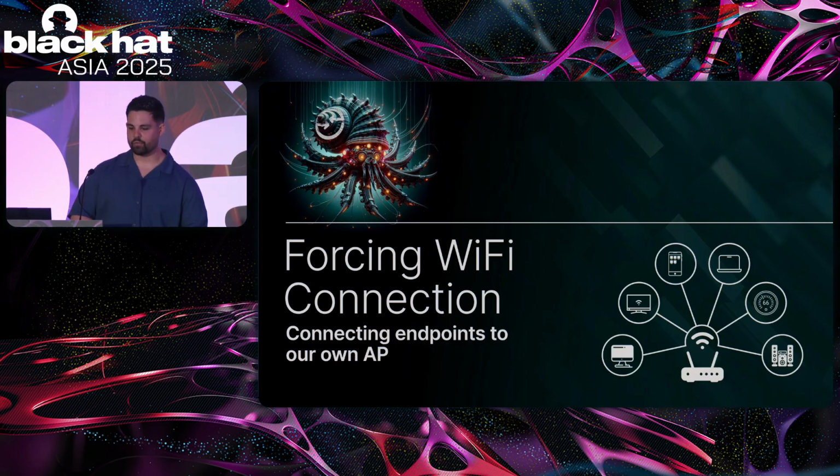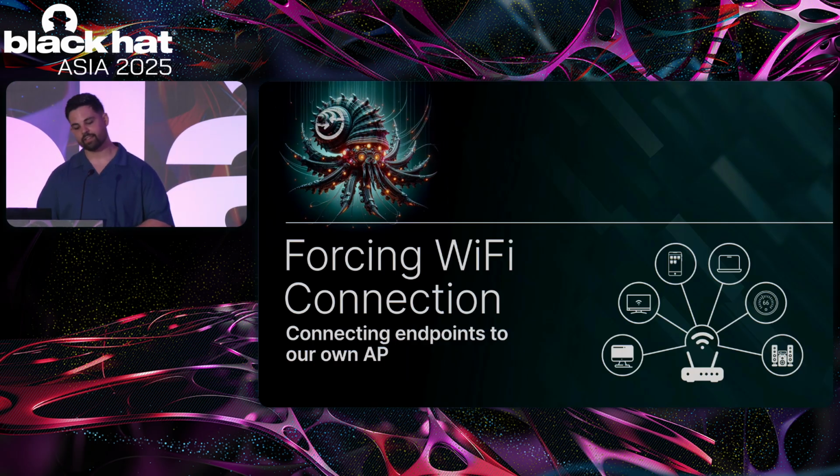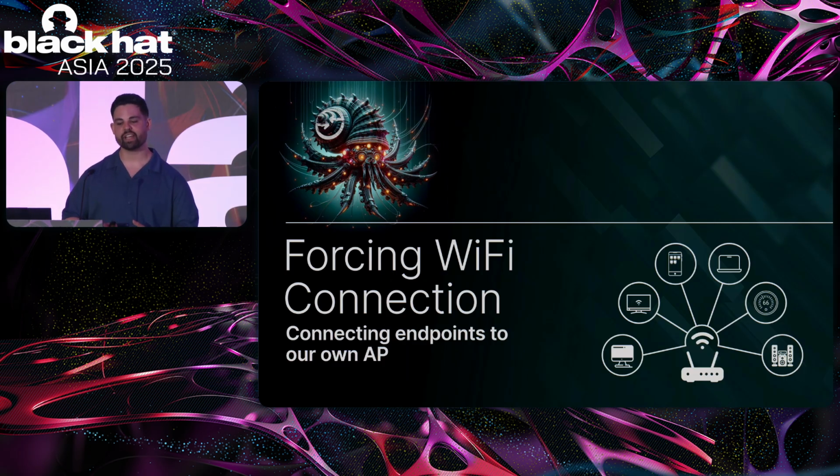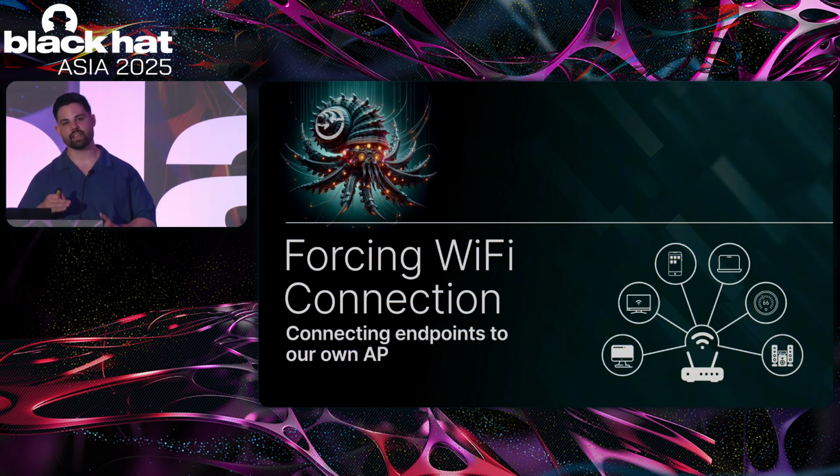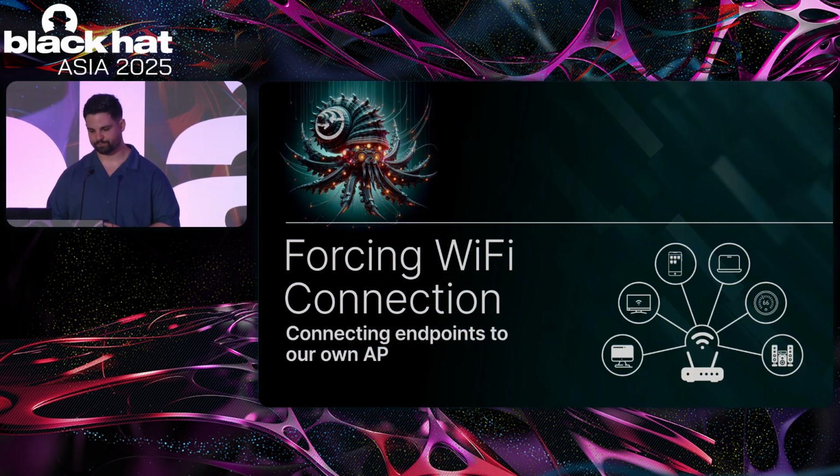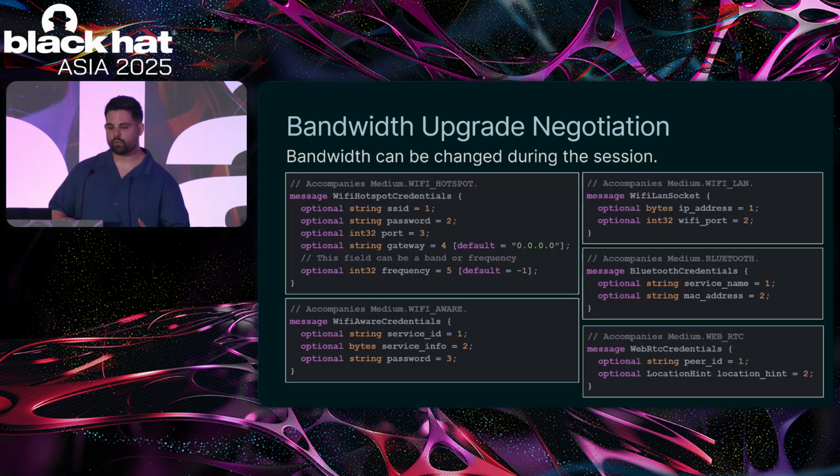Great. So the second vulnerability we'll see is how we managed to force a victim device to connect to a rogue Wi-Fi access point that we decide on. Throughout QuickShare's code, there's a term called bandwidth upgrade negotiation.